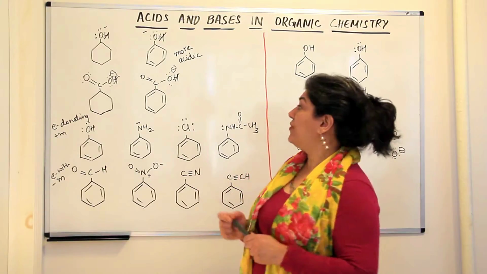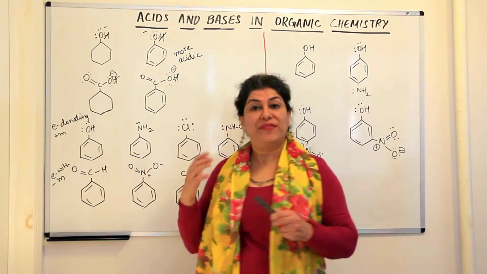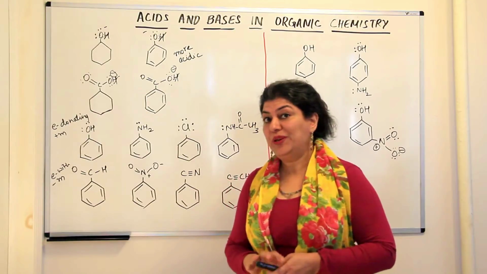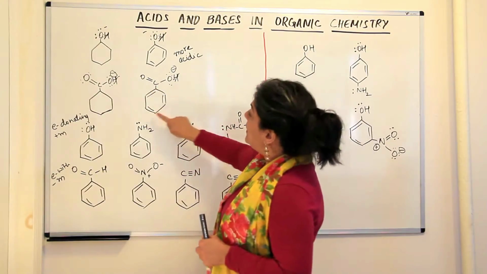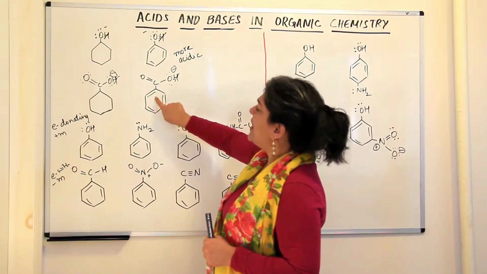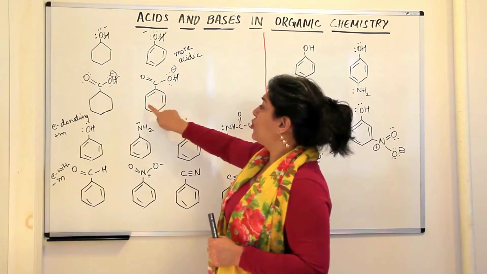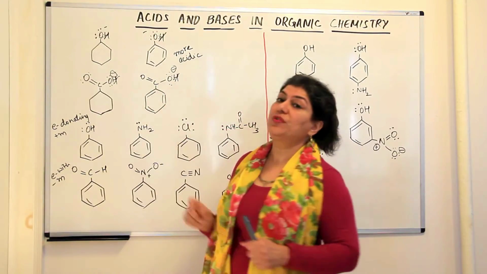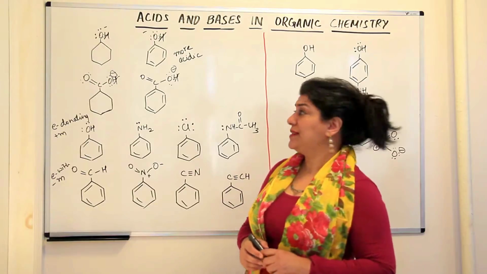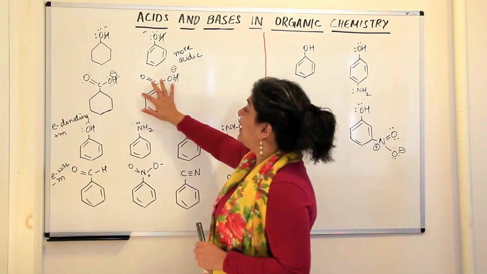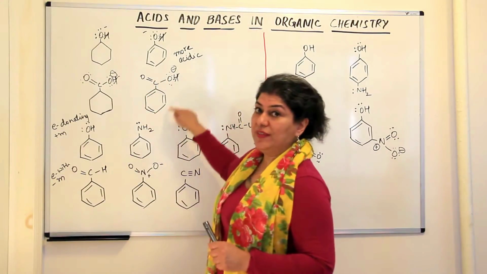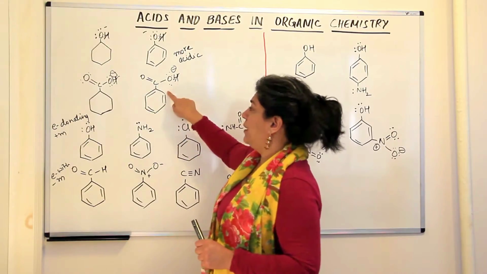Does the presence of resonance inside the benzene ring affect the acidity of the molecule in any way? This benzene ring, as I told you, has conjugate double bonds, so the carbons of the benzene ring are sp2 hybridized.